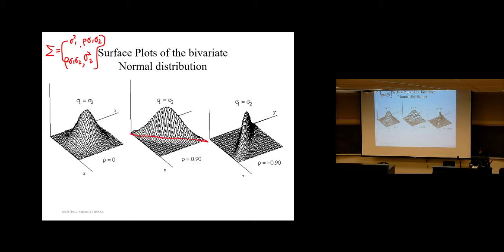This is the line representing x1 equals x2. So this is x1, and that's x2, and this is our PDF, f(x).